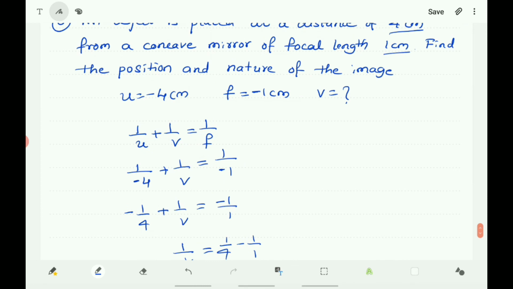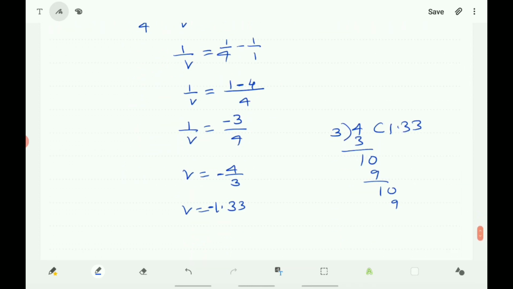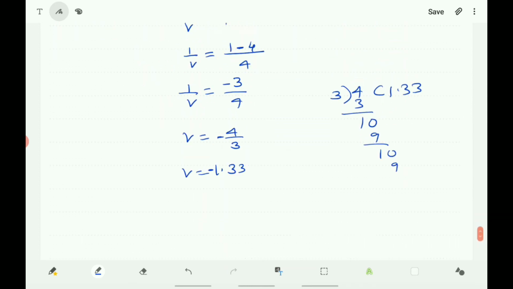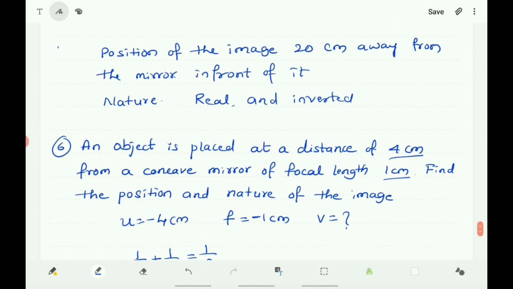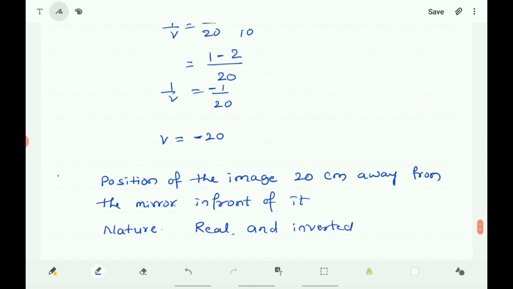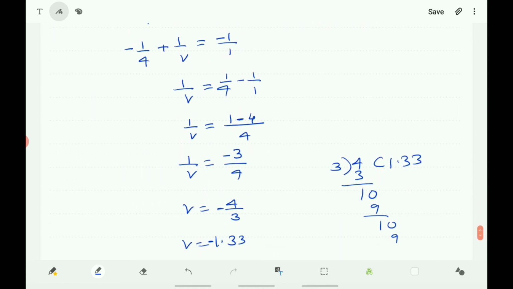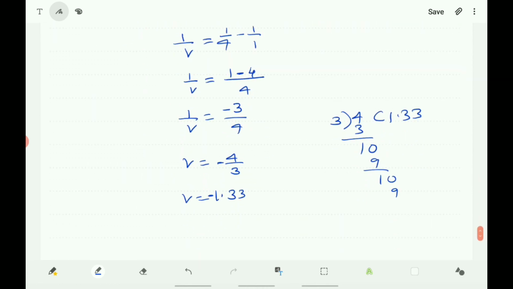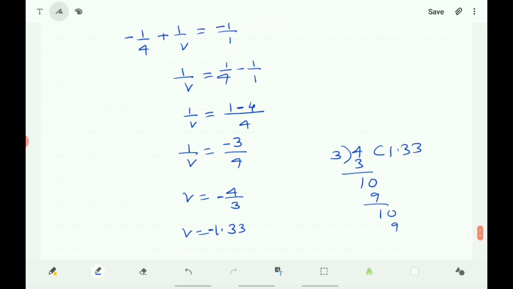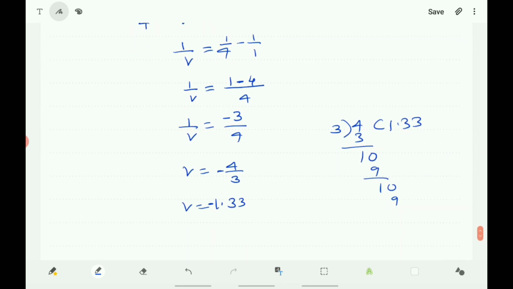And the nature of the image: as it is negative, it is an image in front of the mirror, that is a real image, and it is also inverted image. So v is equals to minus 1.33.